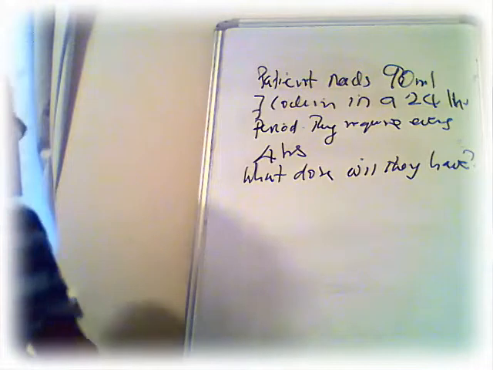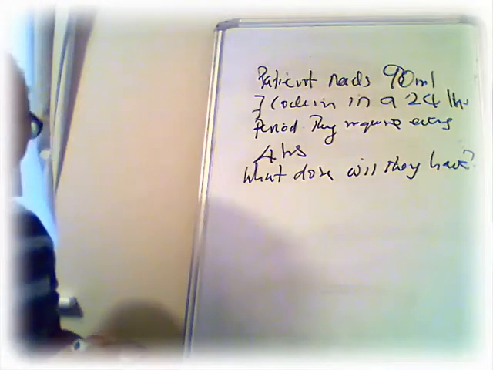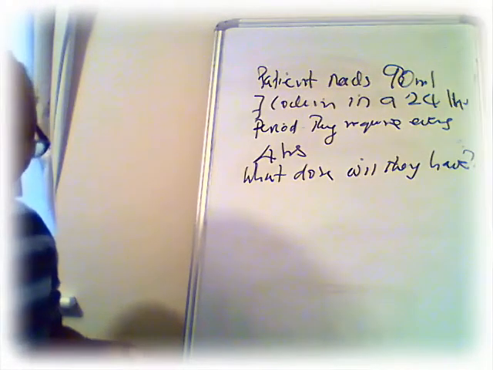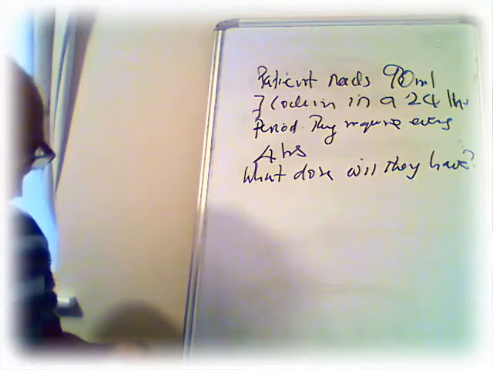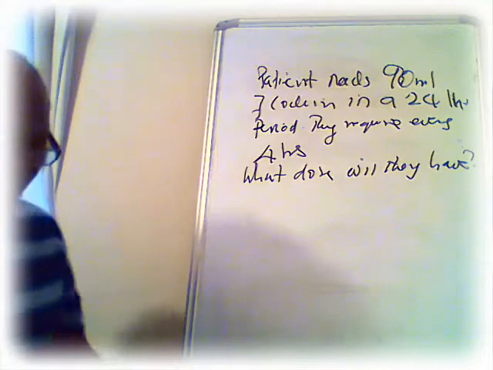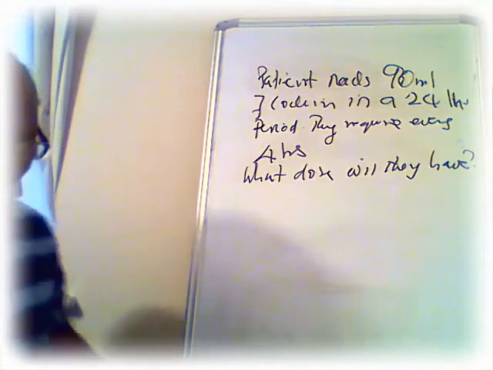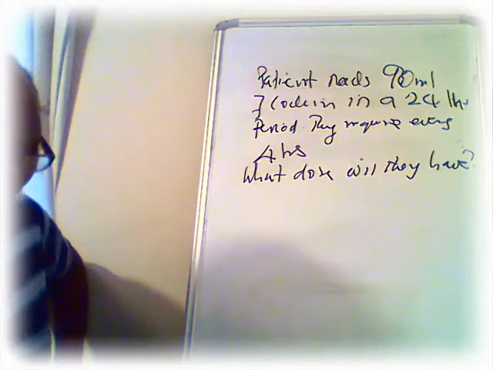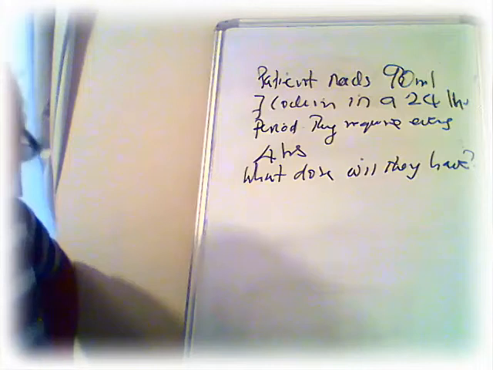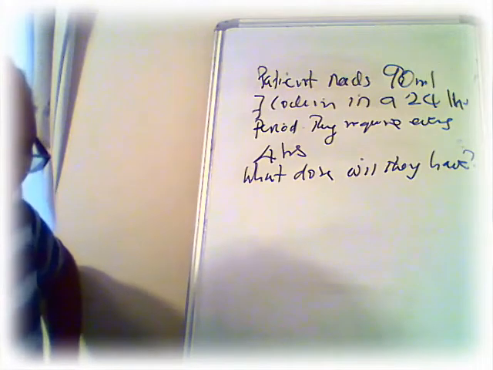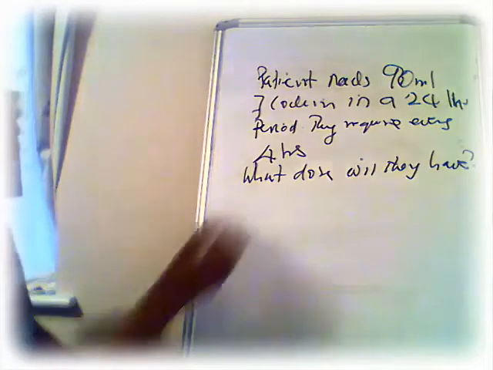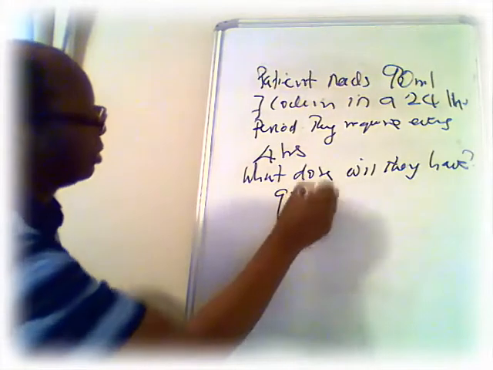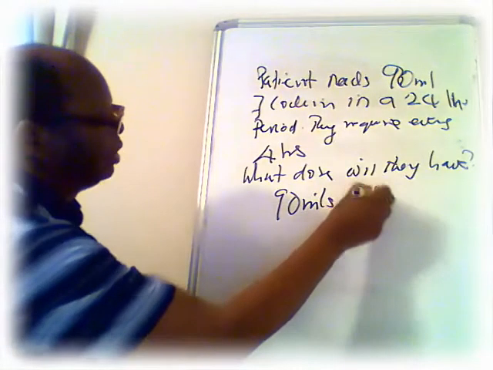Okay, right, so let's look at this question carefully. This patient needs 90 mils of codeine in a 24-hour period, and they are receiving it every 4 hours. The question is, what dose will they have? So we know 90 mils is the total that a patient needs to receive in 24 hours.